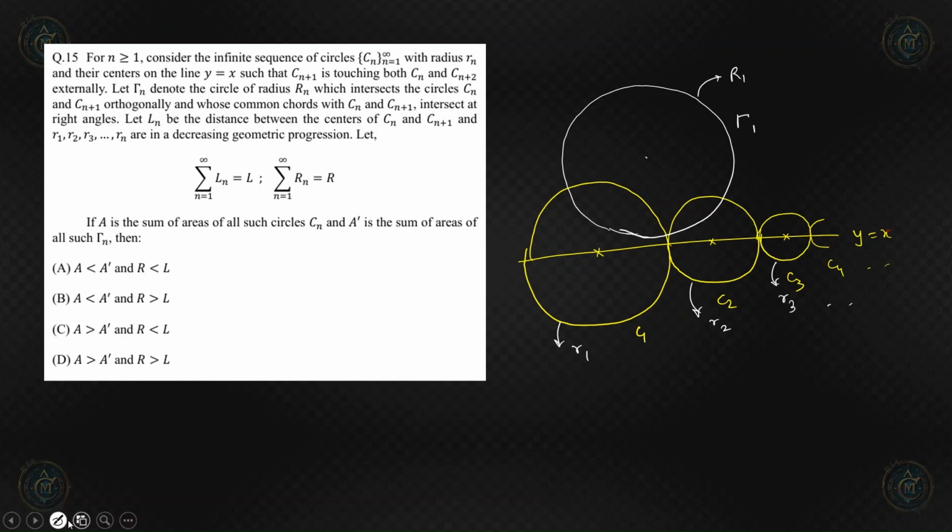What will be the common chord of gamma 1 and C1? The common chord will be this. And the common chord of gamma 1 and C2 will be this chord, right? So they intersect at a right angle. So this angle is a right angle.